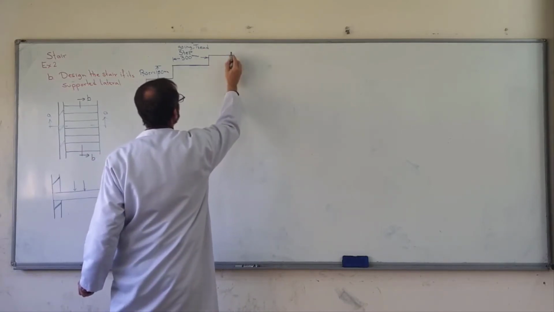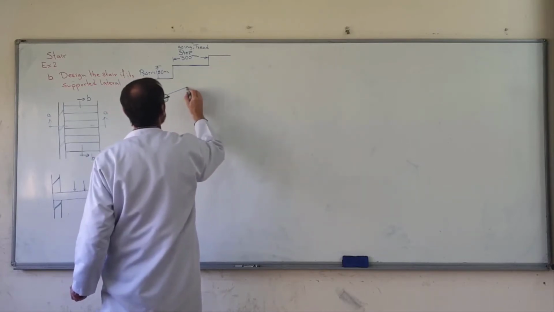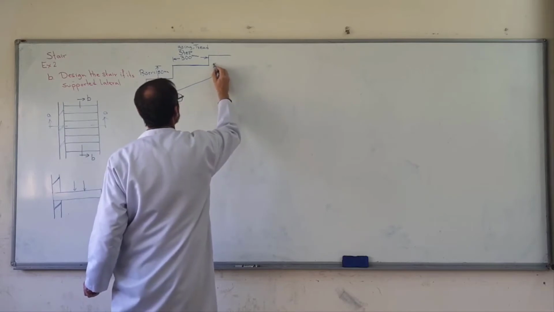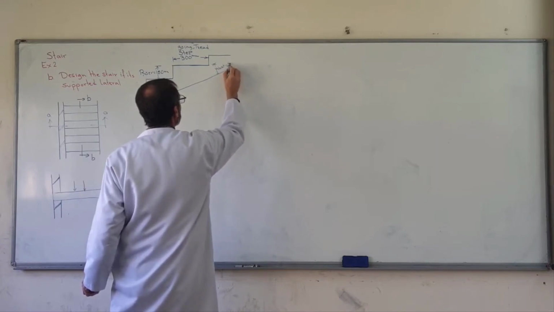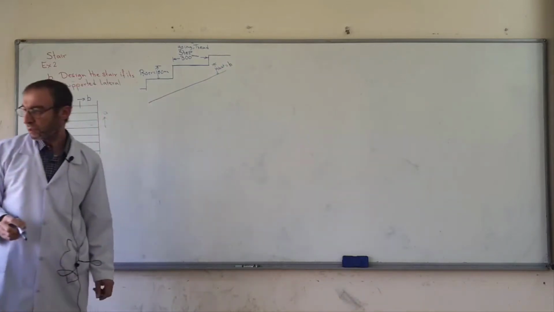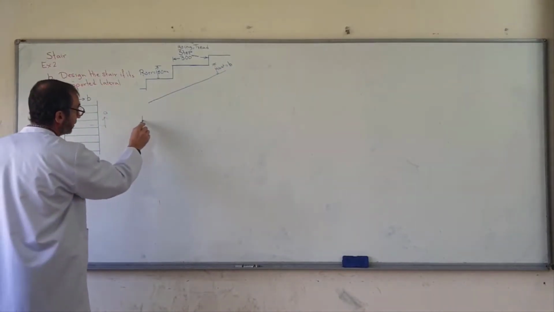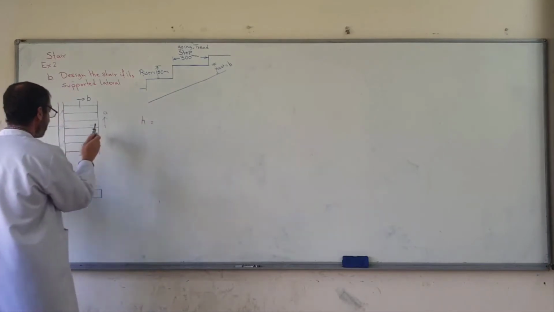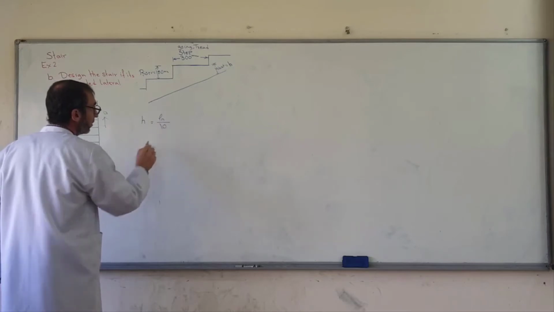This is another step. This we call the waist. For the thickness of the slab at the edge, for a cantilever slab we take L over 10.